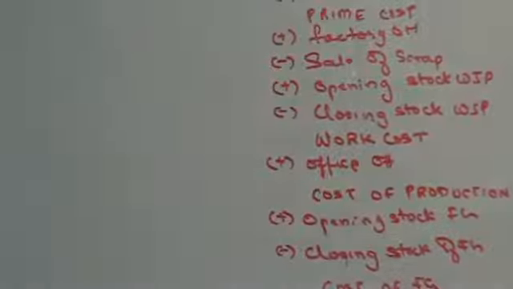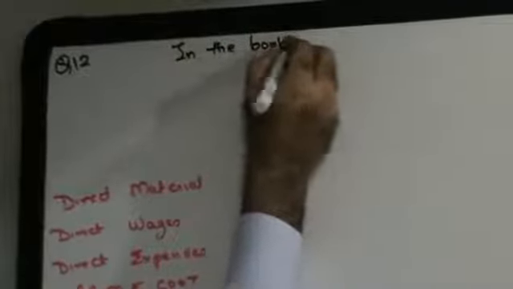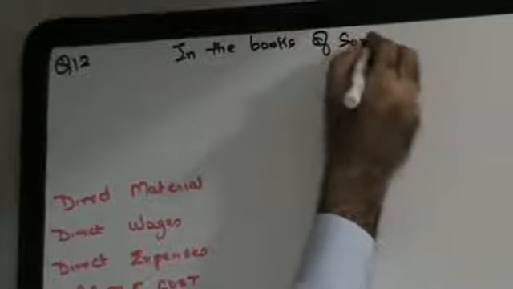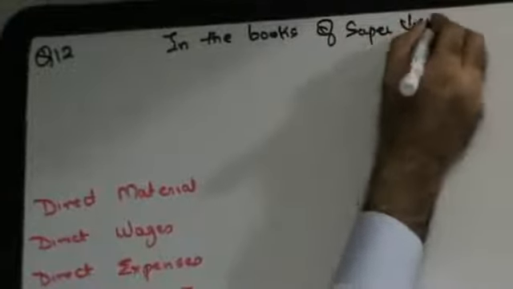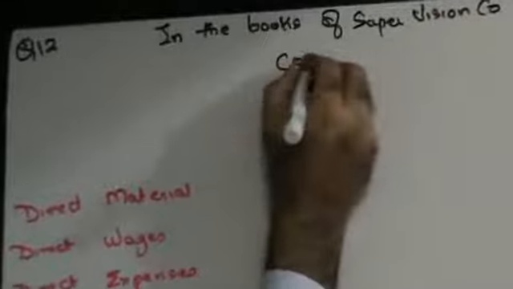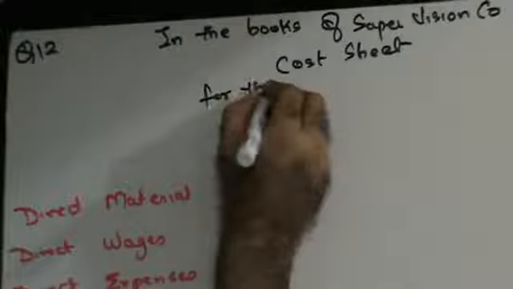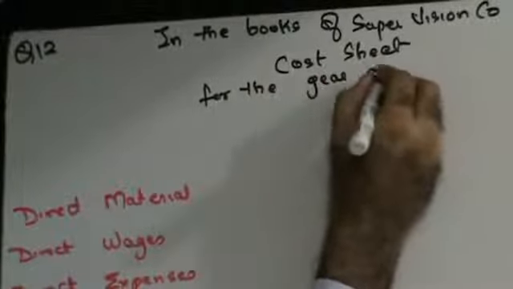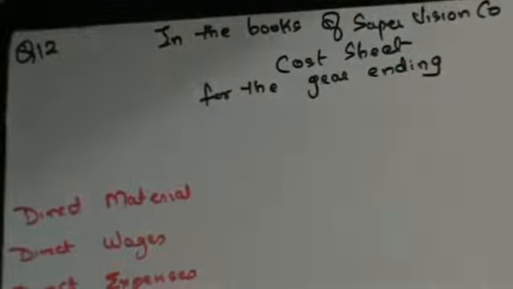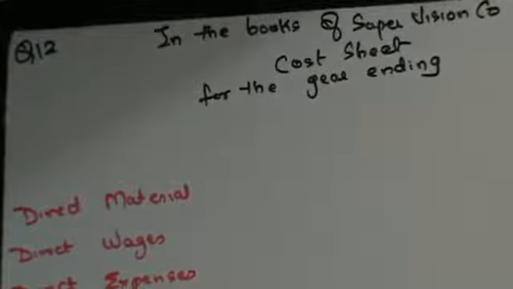We are going to do question number 12 today, in the books of Supervision Company. The cost sheet for the year ending is given.